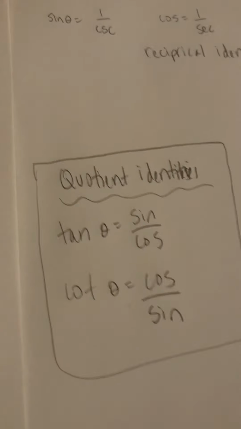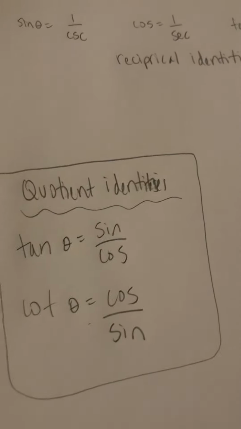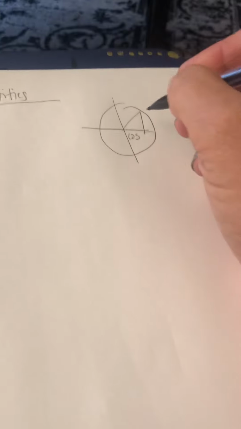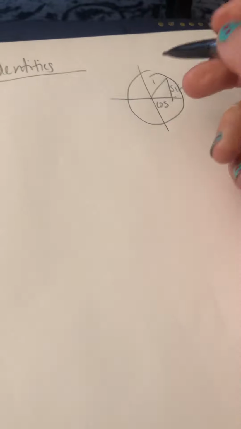Now, these next ones we're going to use a whole lot, and they are called Pythagorean identities. Okay? So, let's see what we got here. We're going to use that unit circle again. There's our triangle. Cosine, sine, and 1. So, do you guys agree that's a right triangle, right?